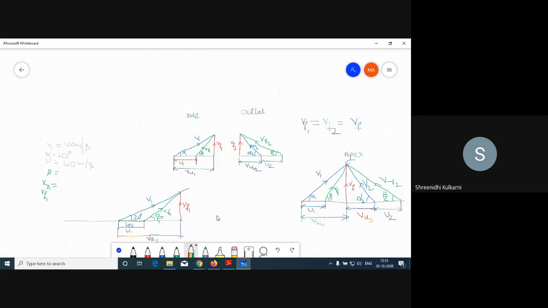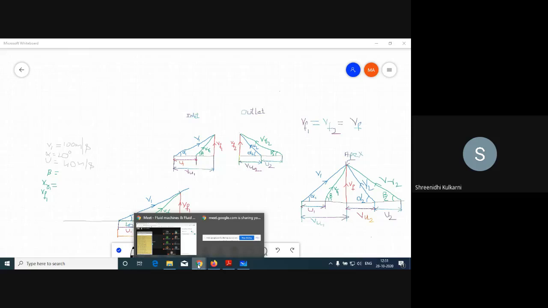If you're silent, it means you have no doubt. You understood how to draw the inlet velocity triangle by using the common base? Yes or no? Yes, sir. Understood. Okay.